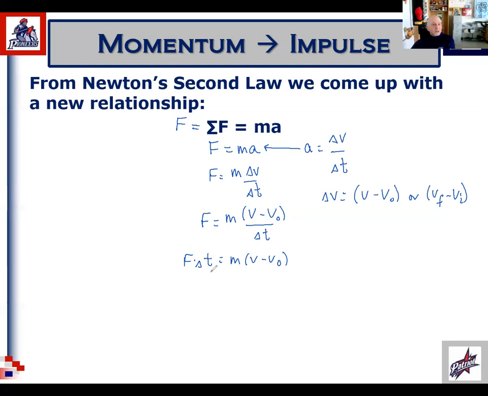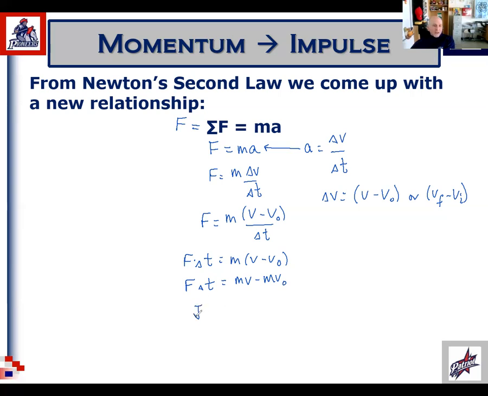Now we have force and time. I've been talking about the mass and the velocity, and then force and time, and how we can apply bigger forces for shorter times and vice versa. And so this idea of force and time is a new quantity. I don't know why they don't put it directly on your formula sheet, but it's what we call impulse.